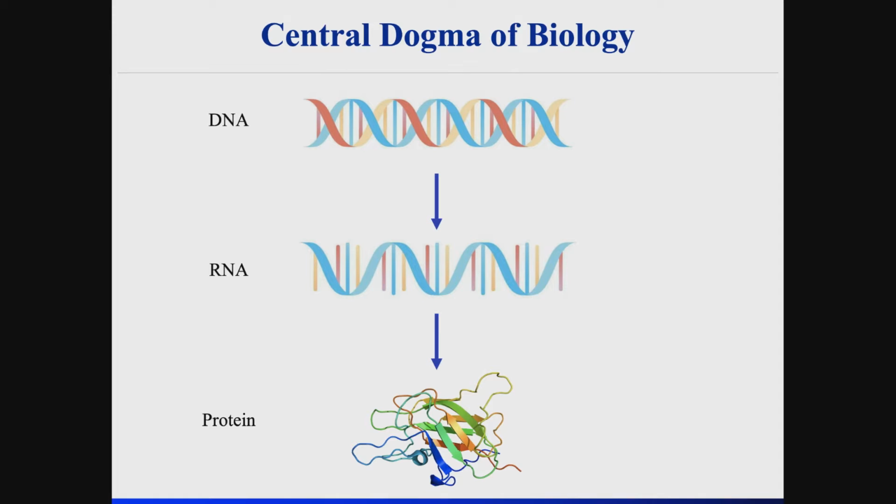So if you take a step back to a central tenet of biology, essentially the central dogma, we know that information is stored at the level of DNA, transcribed into RNA, translated into protein, and that while DNA is the storage medium for that information, RNA and proteins make up the functional molecules that are responsible for the everyday function of our cells.